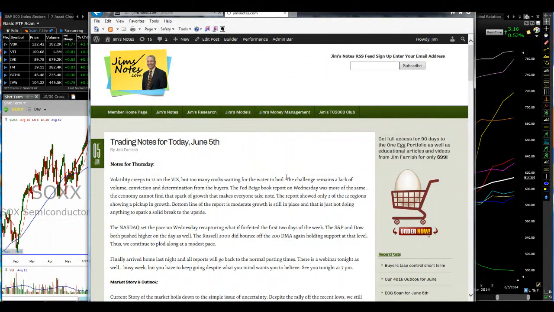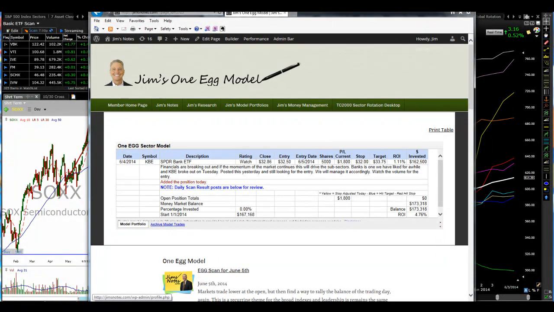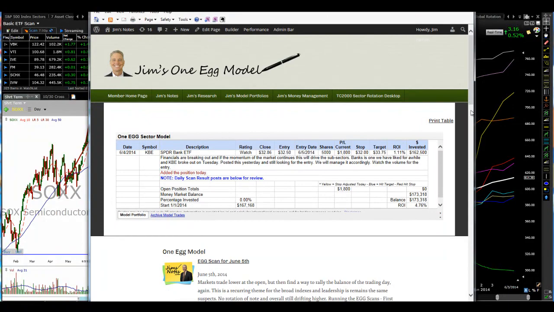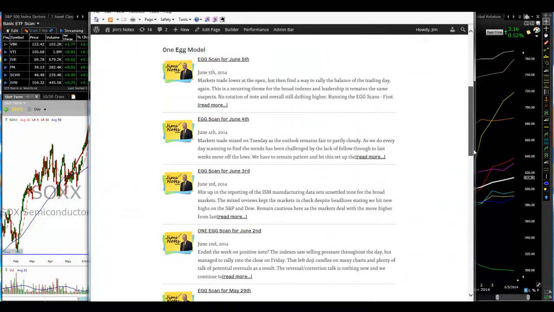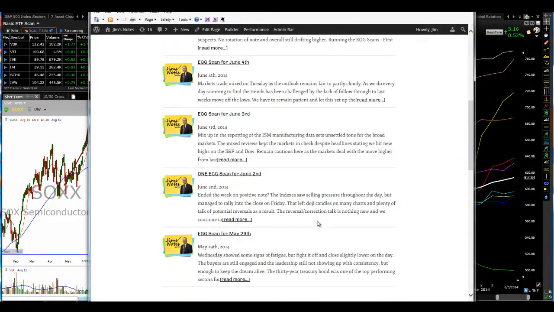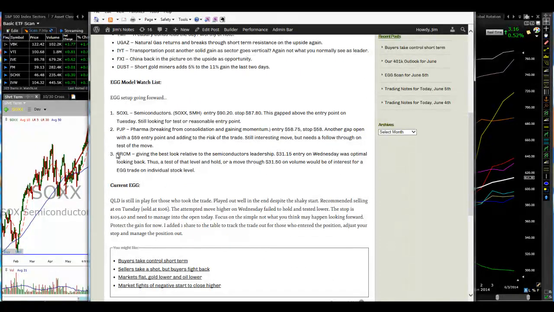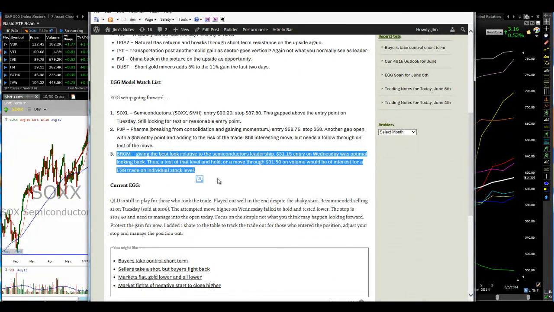if you go to the egg model, I run these same scatter charts within the egg scans when we set it up every night. And if you go back down here to the 29th, you can see that right here was the comment on Broadcom and what we were looking for relative to Broadcom.